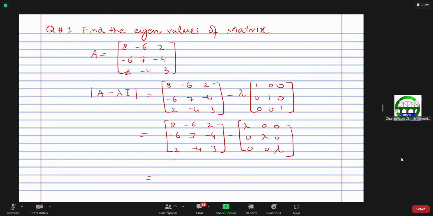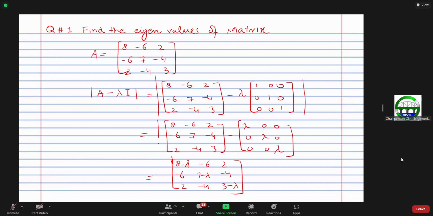Or we can write it in this way as well: 8 minus lambda, minus 6, 2, minus 6, 7 minus lambda, minus 4, and 2, minus 4, and 3 minus lambda. So we have to find the determinant of this one.